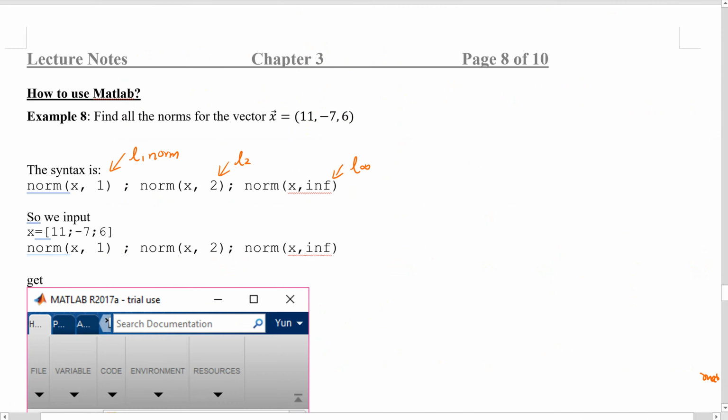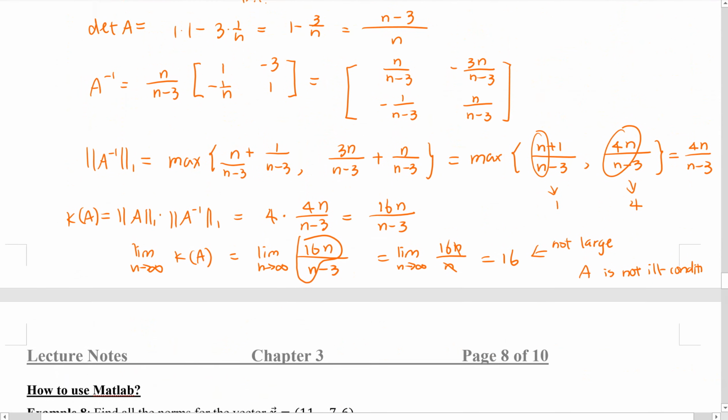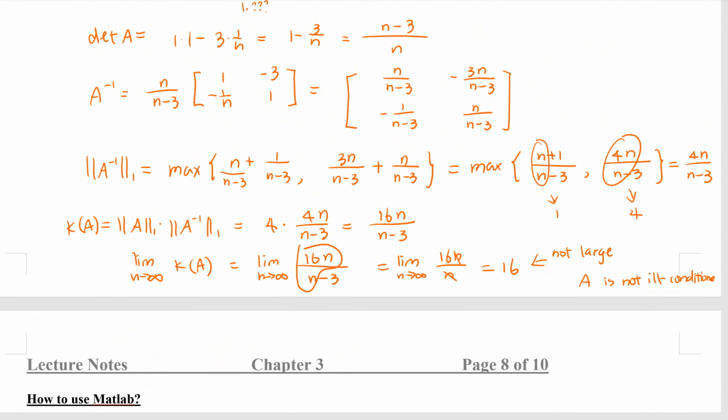And you can see here, actually this number does not depend on n. So it's fixed. No matter how large n is, the limit of the condition number is a constant. So far, so good, everybody.